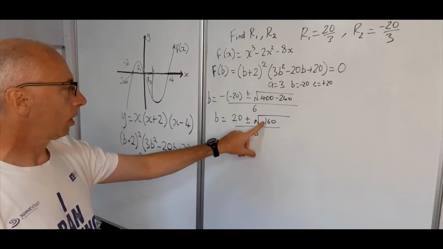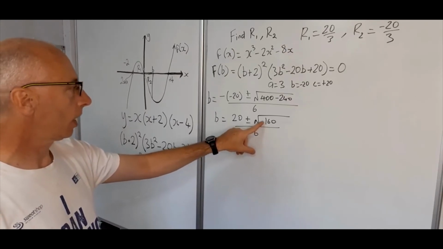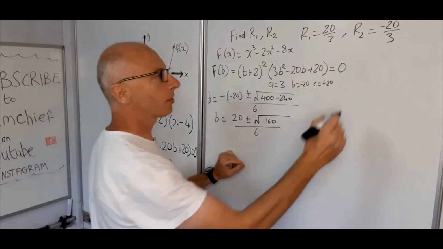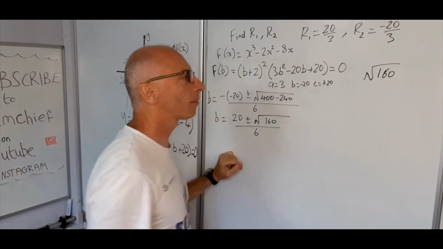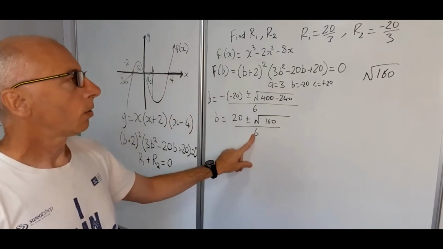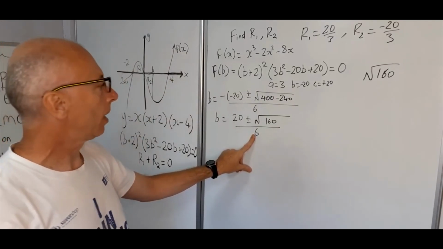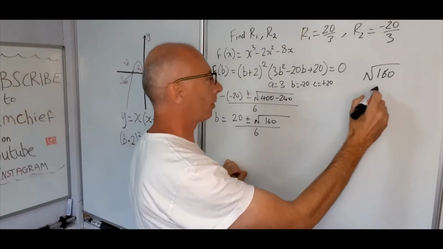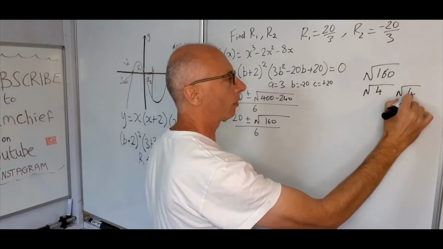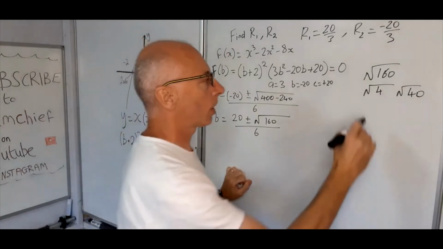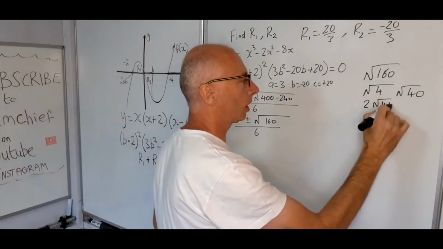Okay, can we do something with this surd here, square root of 160, to get a factor of 6? So square root of 160, could we get a 36 out of that? I'm not sure we're going to be that lucky, but we'll have a go. Square root of 160, that's square root of 4 times square root of 40, which will give us 2 root 40.